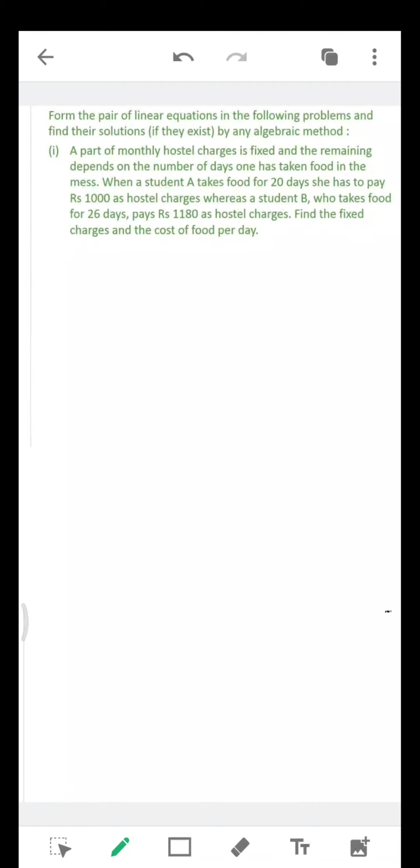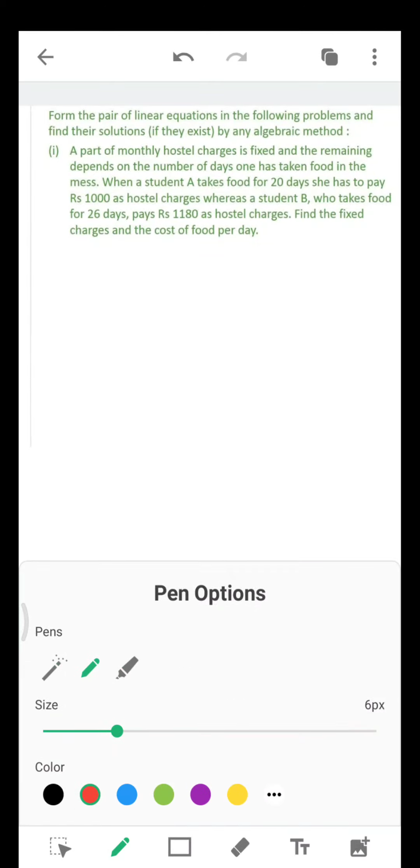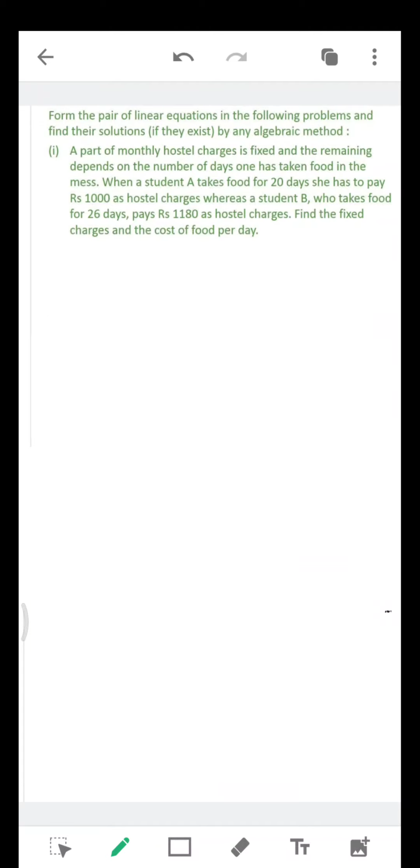Here part of the monthly hostel charges is fixed, so a student has to pay a fixed charge for the hostel, then he has to pay the extra charge based on the number of days he has taken food in the mess.